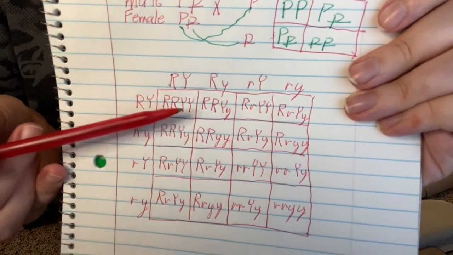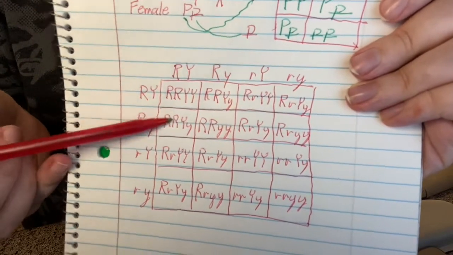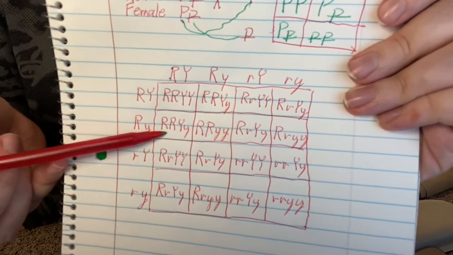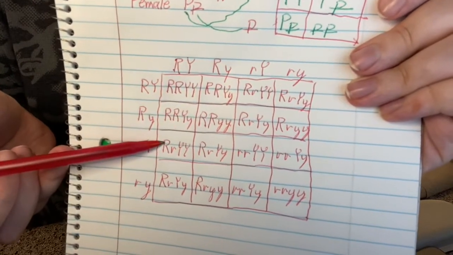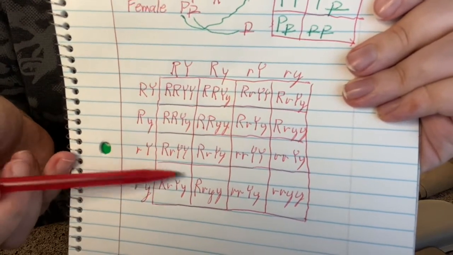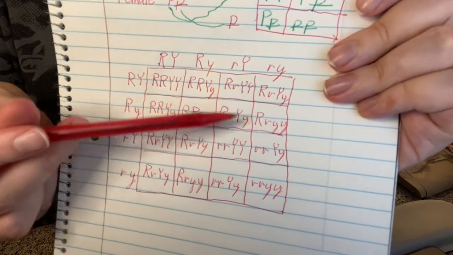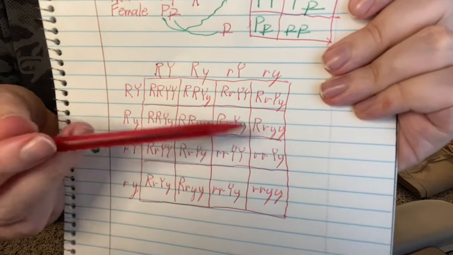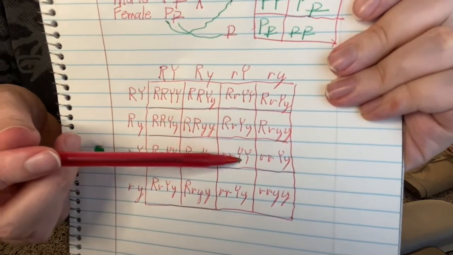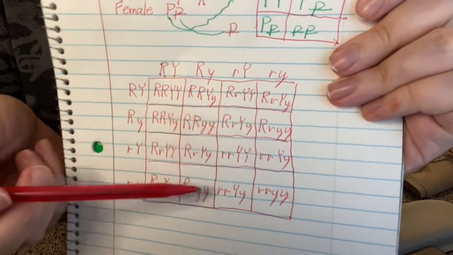This is 1. This is actually 2 right here. That's 1. That one and that one are the same. That one, that one, that one, and that one are the same. That's 4. So that's 2, that's 4. That one's 1. These 2 are the same.